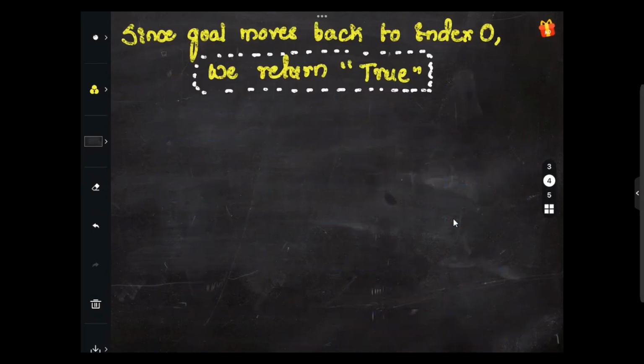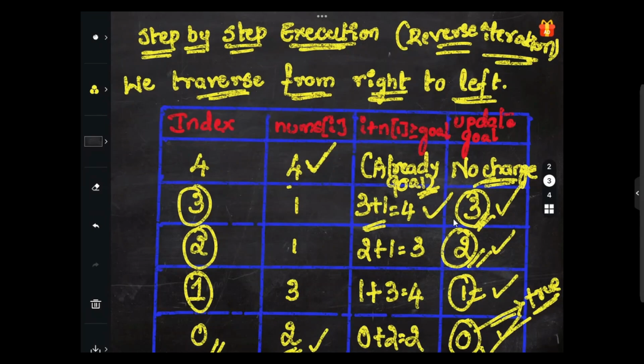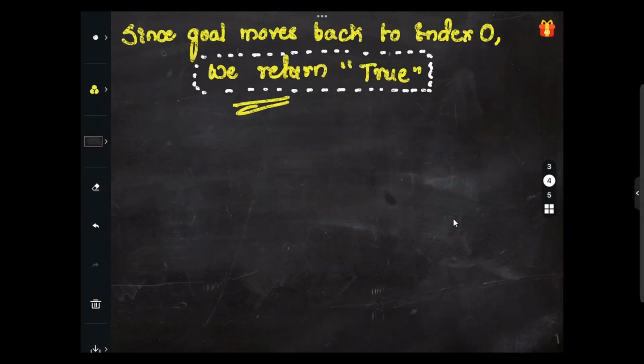Again, I'm telling, we have successfully reached the last index. You can clearly see here, we have successfully reached the last index, right? So I hope this is completely clear.